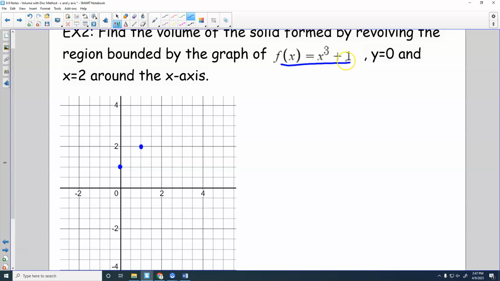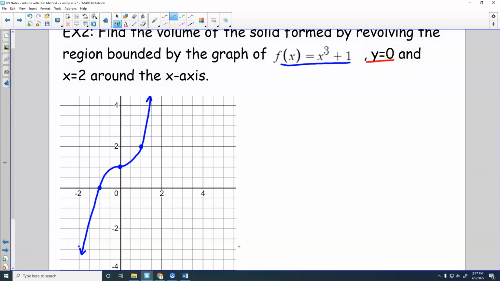If I plug in negative 1, I will get 0. If I plug in negative 2, I will get negative 2 to the third, which is negative 8, so I get like negative 7. That's too big also. So you're getting something that looks like this.